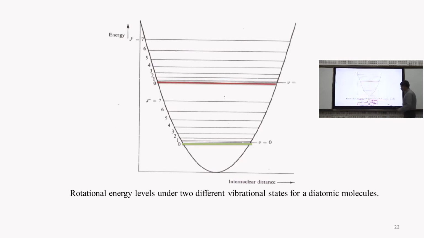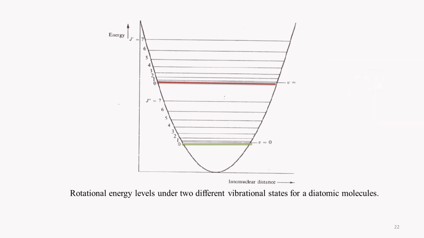So now we are in a situation to describe this. This is your potential energy surface. We are considering two vibrational energy levels: one is V equal to 0, and another is V equal to 1.